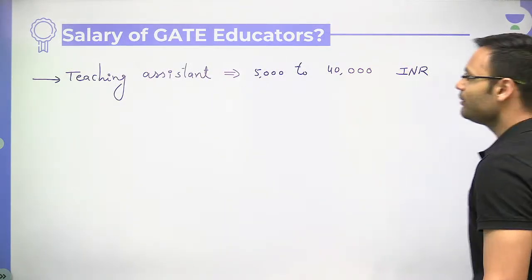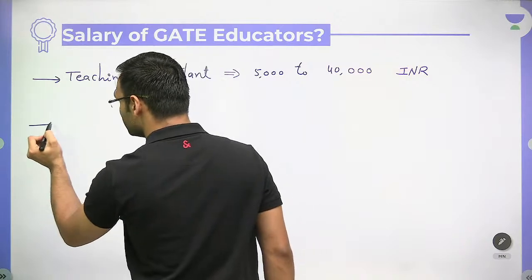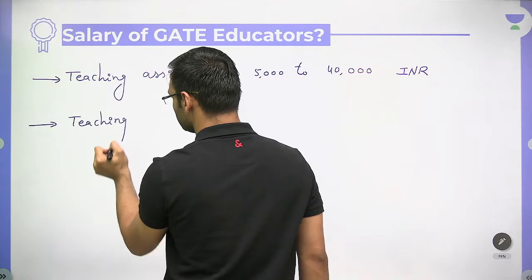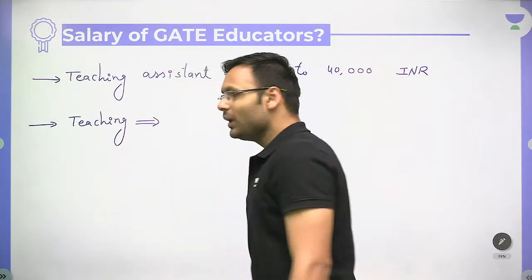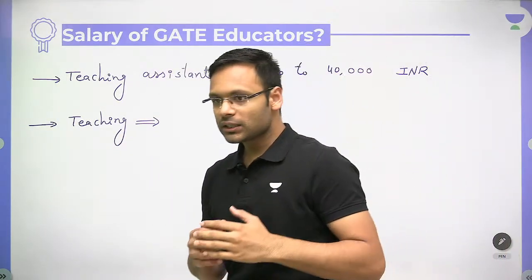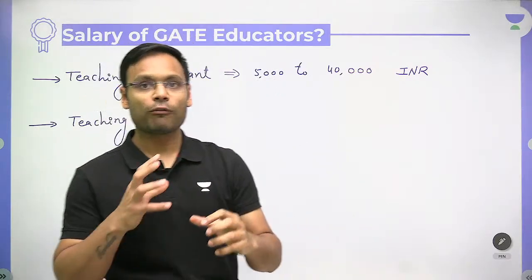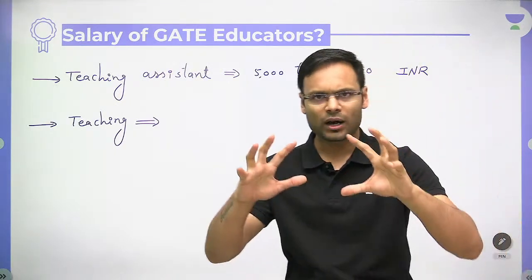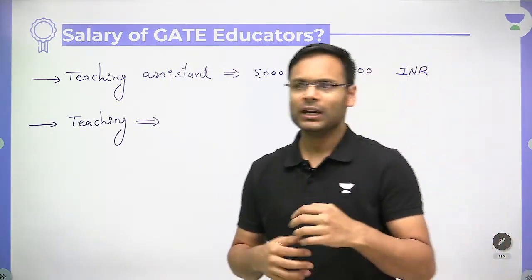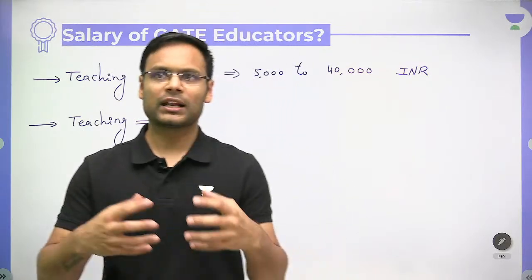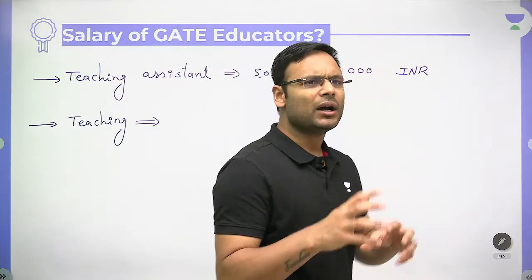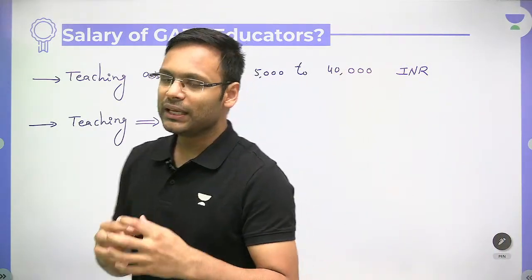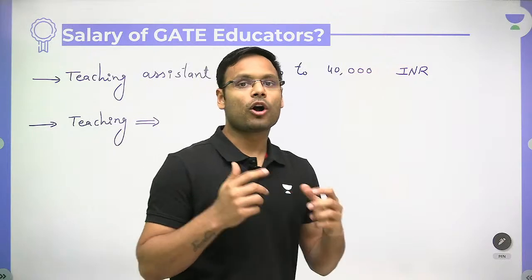Then when you go for teaching, you will have to teach as per remuneration on a per-hour basis. It's not a salary. Some institutions give you a complete package, let's say 6 lakh per annum or 8 lakhs or 10 lakhs, 12 lakhs, like that. But more than 90% of the institutions work on a contract basis.